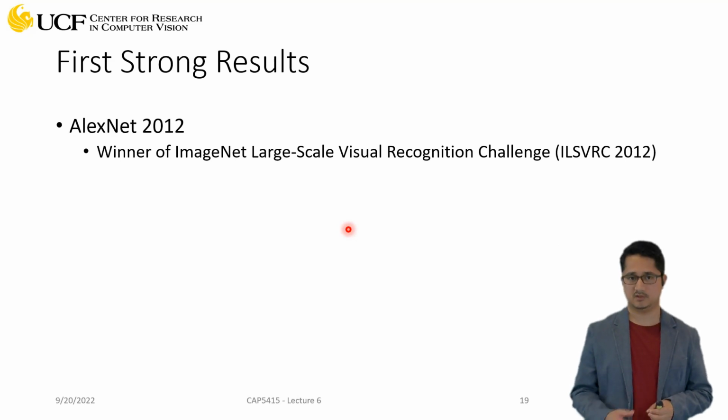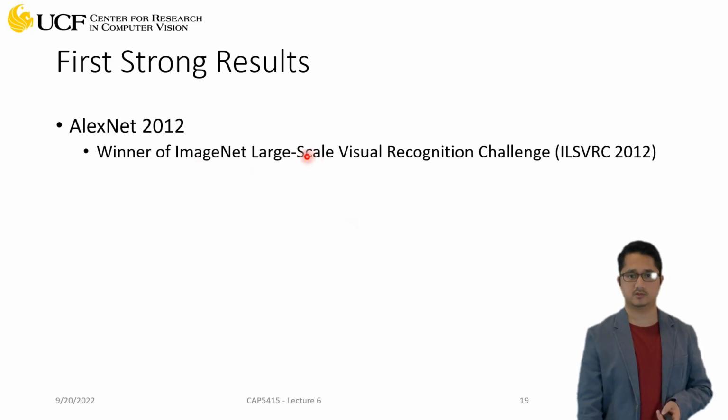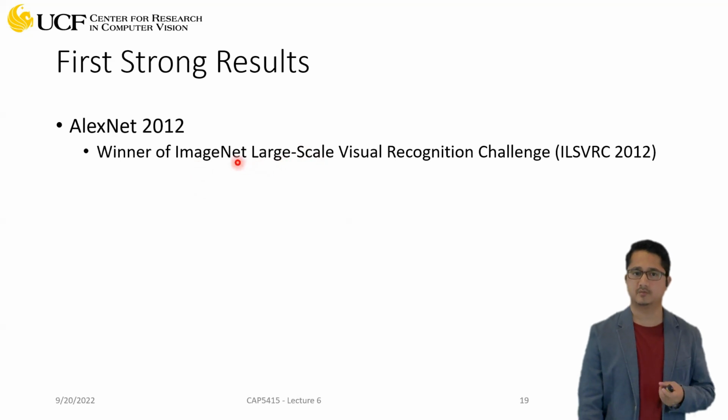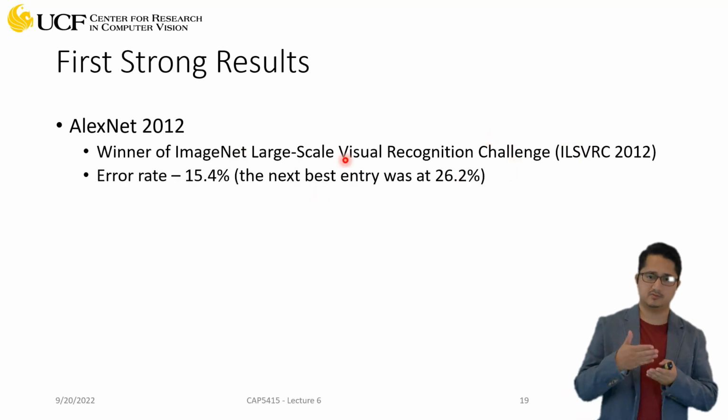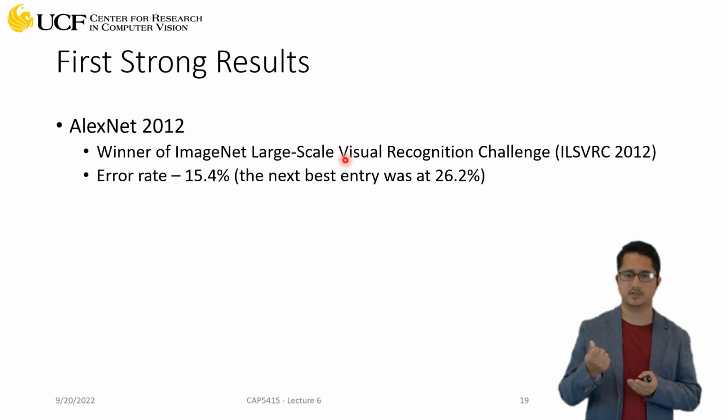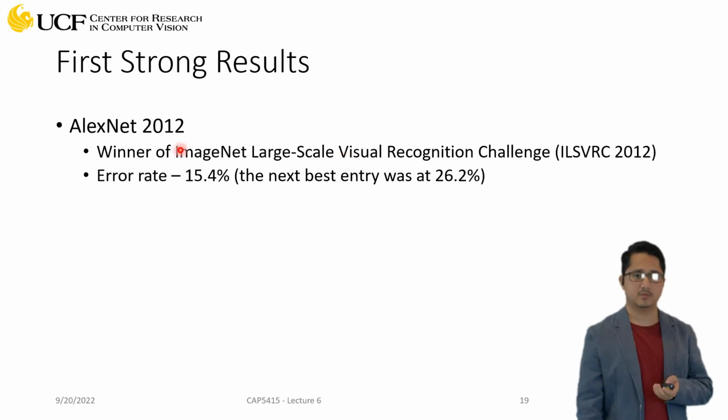What happened in 2012 was that there was an ImageNet image classification competition, the large scale visual recognition challenge, which used to be there in the computer vision community and is still there. Researchers were improving every year, maybe by 1 or 2 points. But in 2012, the error rate was improved by almost more than 10%.